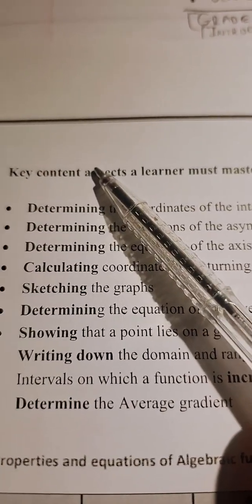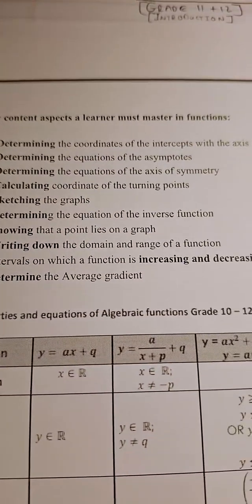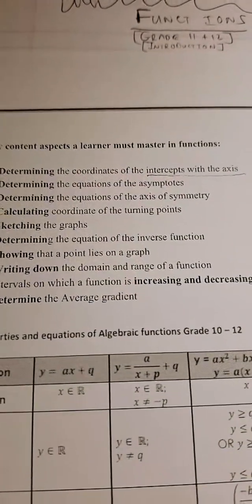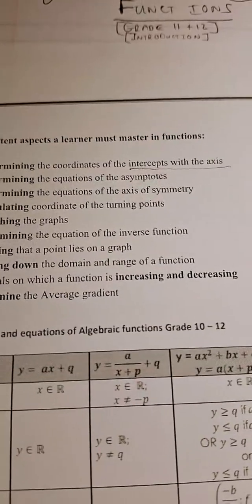So let us look at some key content aspects a learner must master in functions. These are the things that you need to master in functions. One, determining the coordinates of the intercepts with the axes. So there are 2 axes. You have your y-axis.